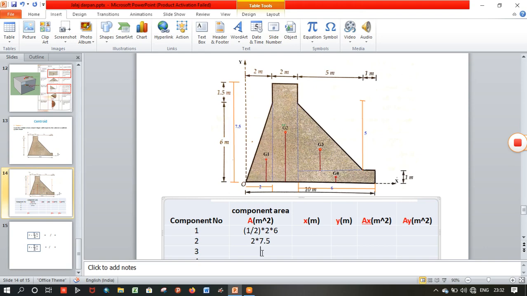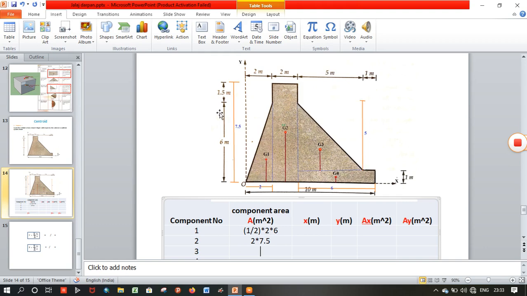Now come to the third geometrical component, that is another right angle triangle. The base width from here to here is 5 meter, and the height is 5 meter. This distance from here to here is 5 meter.